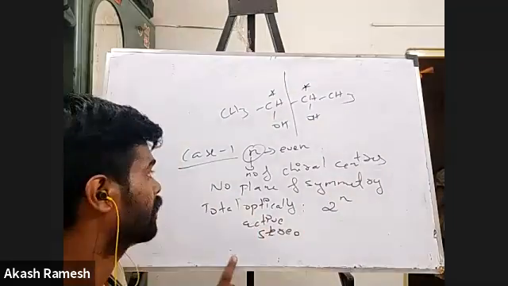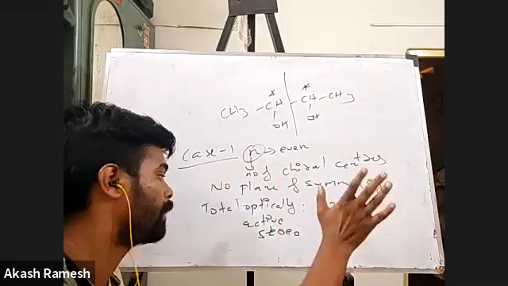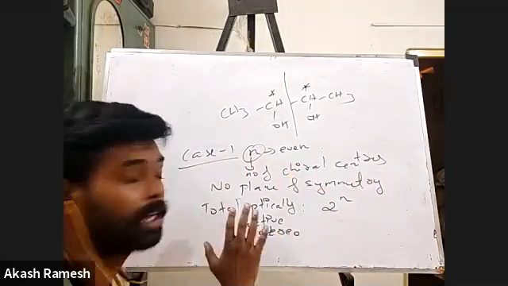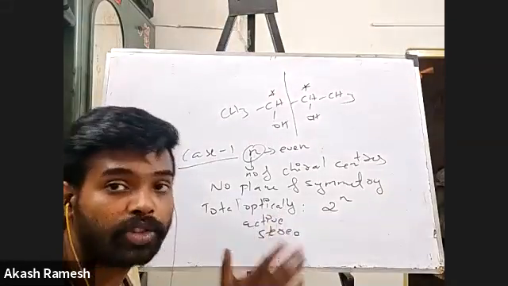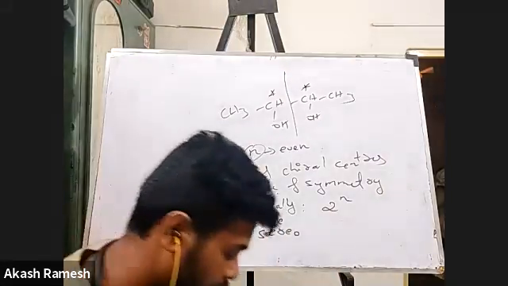So case 1, when the number of chiral centers is even and there is no planar symmetry, the total number of optically active stereoisomers is going to be 2 power n. Okay, next.